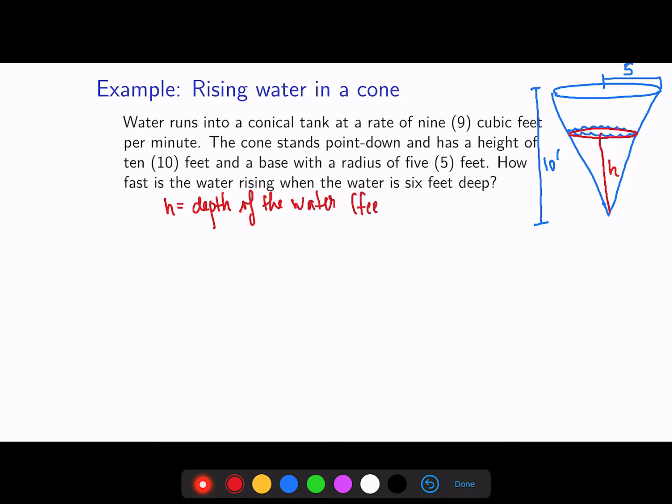And let's specify that we're going to measure it in feet, because that's how our cone is measured, and that's related to the unit of the volume of water that goes into the cone. I'm also going to call this distance right here r, the radius of the surface of the water.